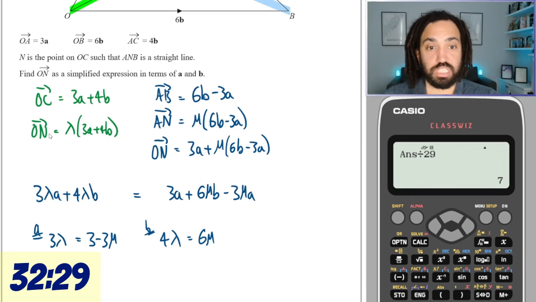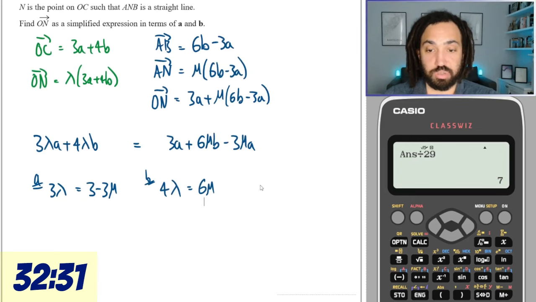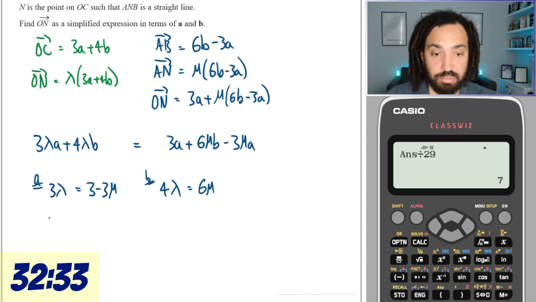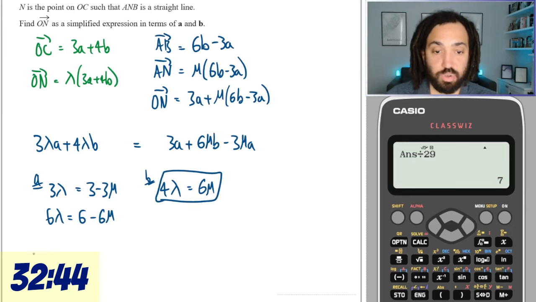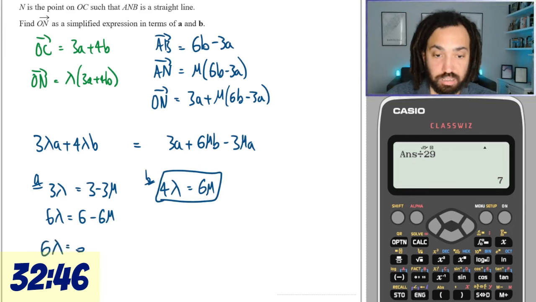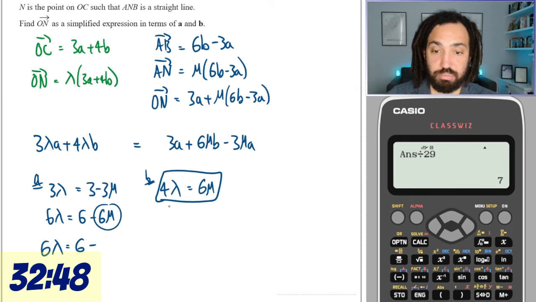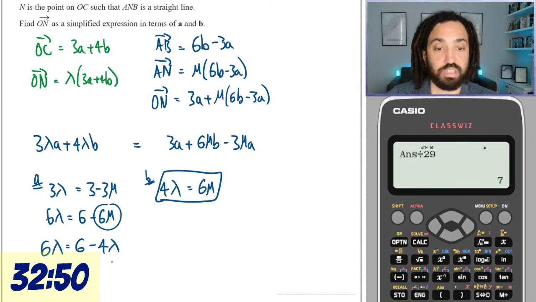What do I want? I want ON, so let's just find lambda as quickly as possible. So I could do that by doubling this one to get that, and then replacing 6 mu with 4 lambda. So this 6 mu now, I'm going to replace it with the 4 lambda. So that gives me 10 lambda on this side is equal to 6.